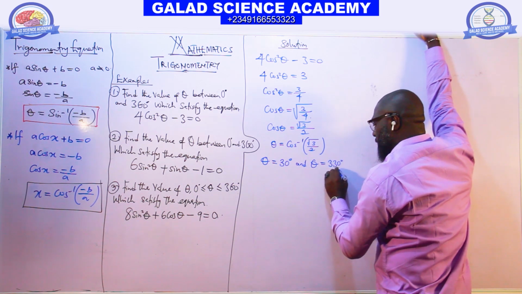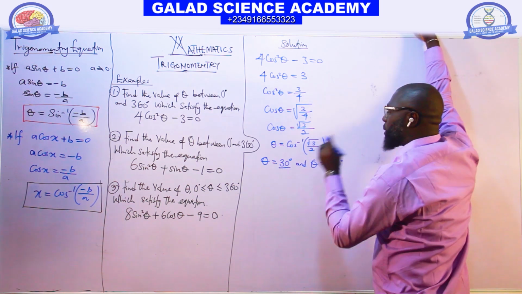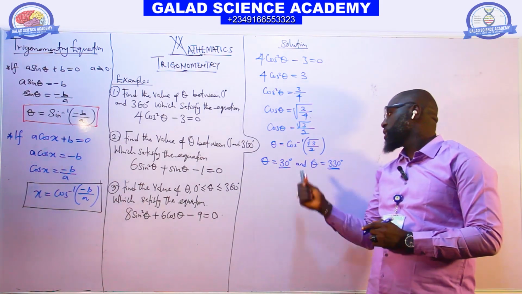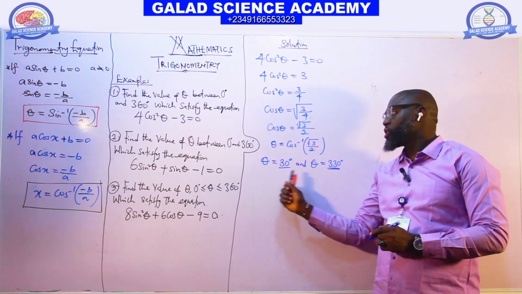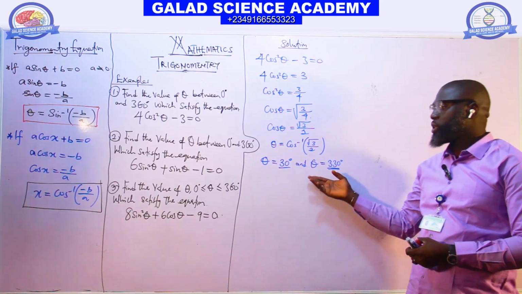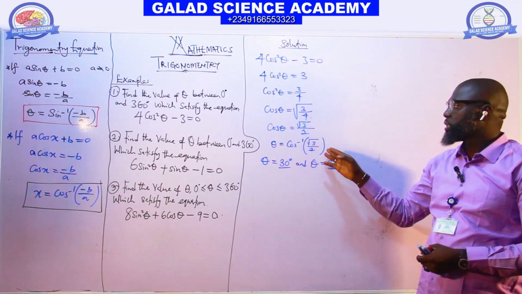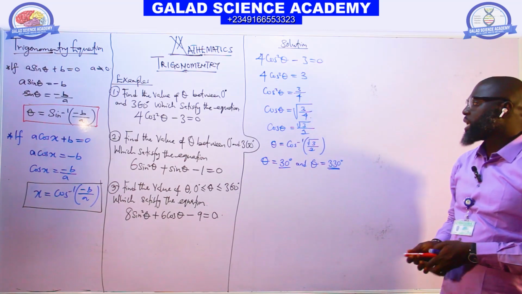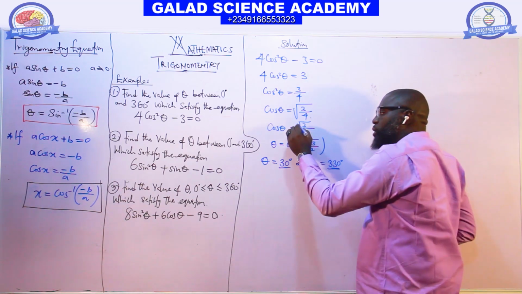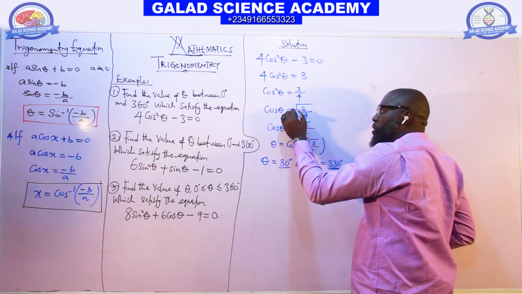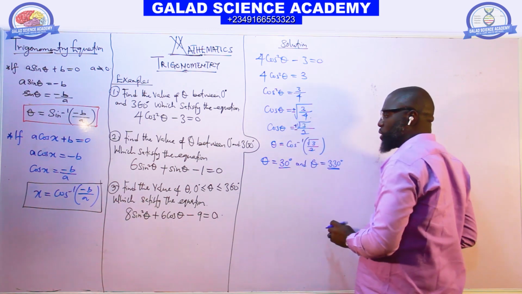So if you check your calculator, cos 330 degrees is written as cos 330 degrees. So those are the two values for cos theta here. But lest I forget, I'm having plus or minus here, because we take the square root.